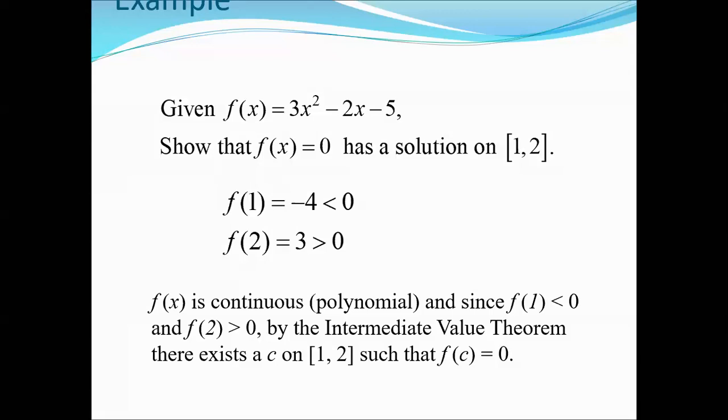Because the theorem says that it assumes every value in between f of a and f of b. Okay, f of a is minus 4 and f of b is 3, so 0 is lying between minus 4 and 3.